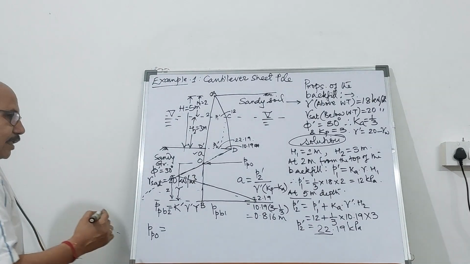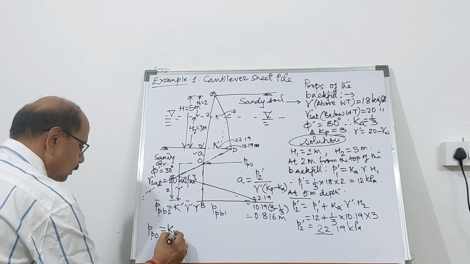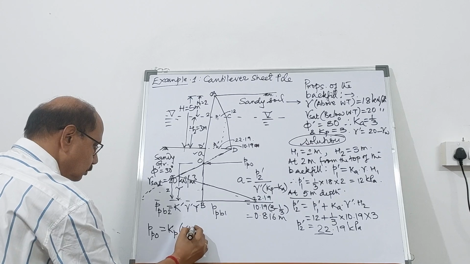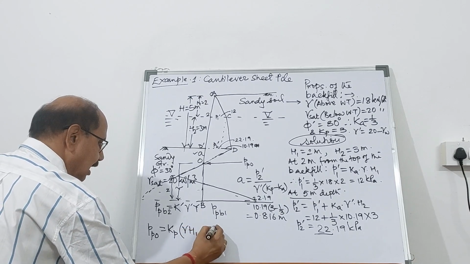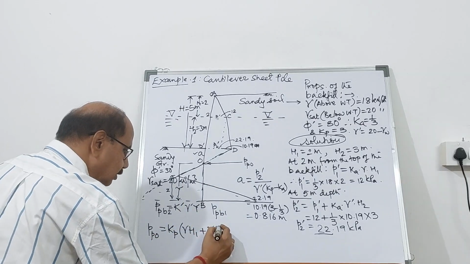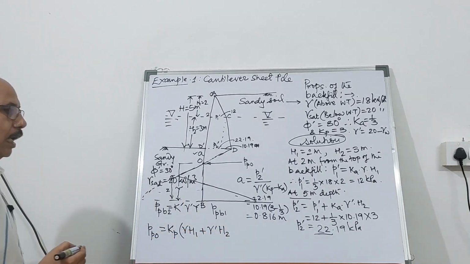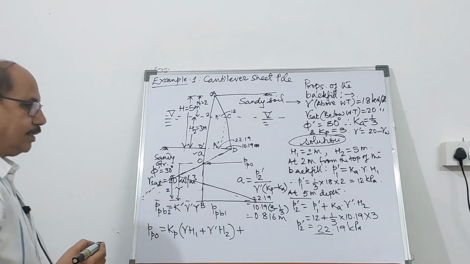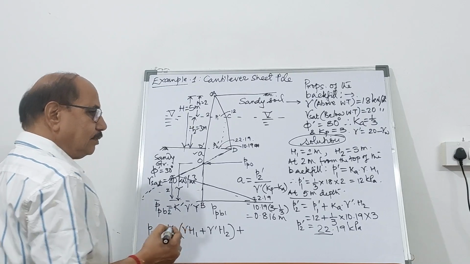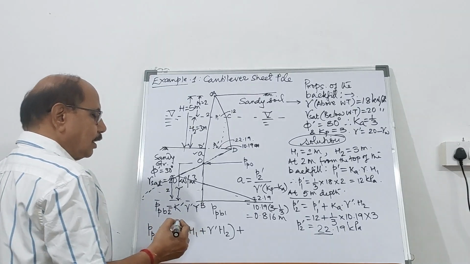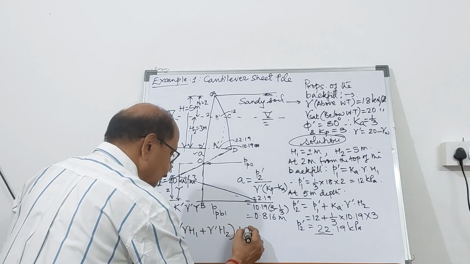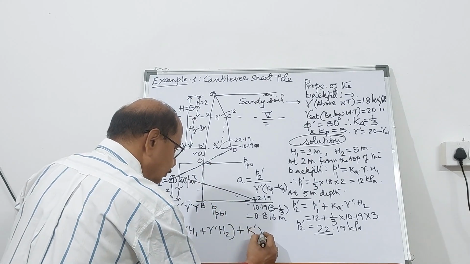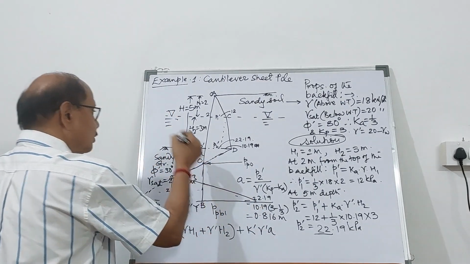This is given as Kp into gamma H1 plus gamma prime into H2 under the water, and you will have to add to this K prime into gamma prime into this distance.